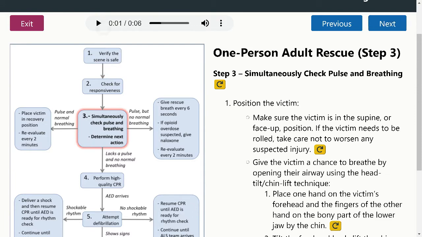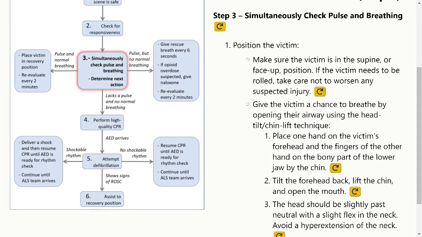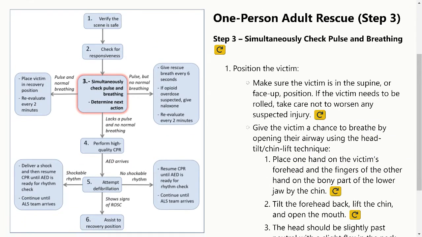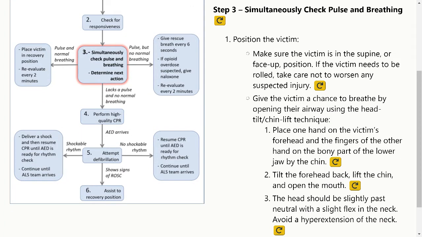Step 3. Then you're going to simultaneously check pulse and breathing. That means you check for the pulse at the carotid artery and also look for signs of breathing in the chest. Make sure the victim is in the supine, or face up, position. Supine is lying on the spine, face up. If the victim needs to be rolled, take care not to worsen any suspected injury.